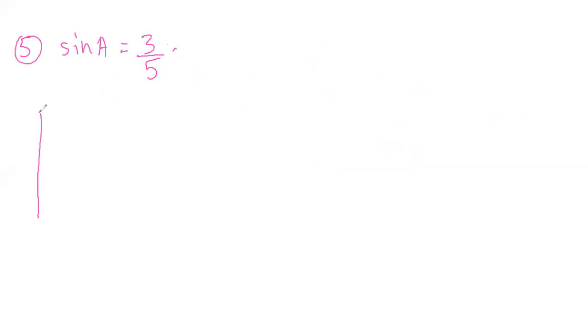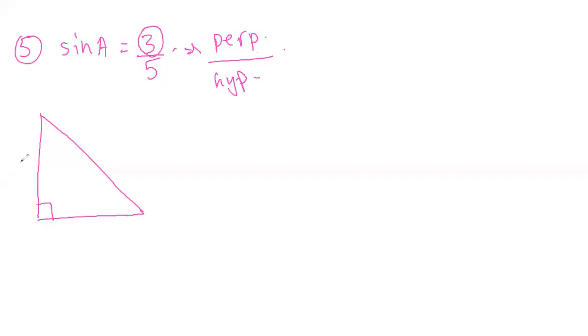So let's draw a figure, a right angle figure. So here it will be 90 degrees, and here it says that sine A is equal to 3 upon 5. Sine A is equal to perpendicular upon hypotenuse. So 3 is our perpendicular, so this is known as the perpendicular. And 5 is our hypotenuse. This is known as the hypotenuse.